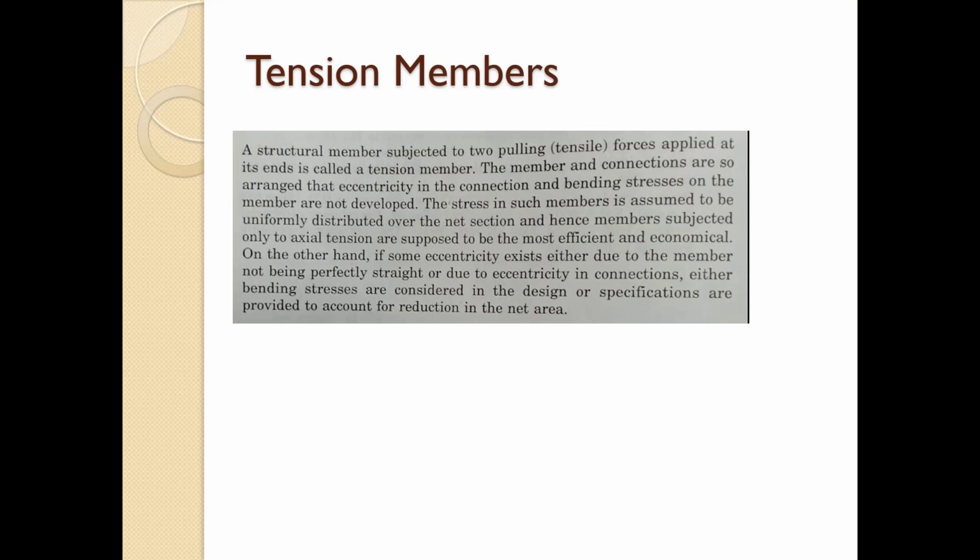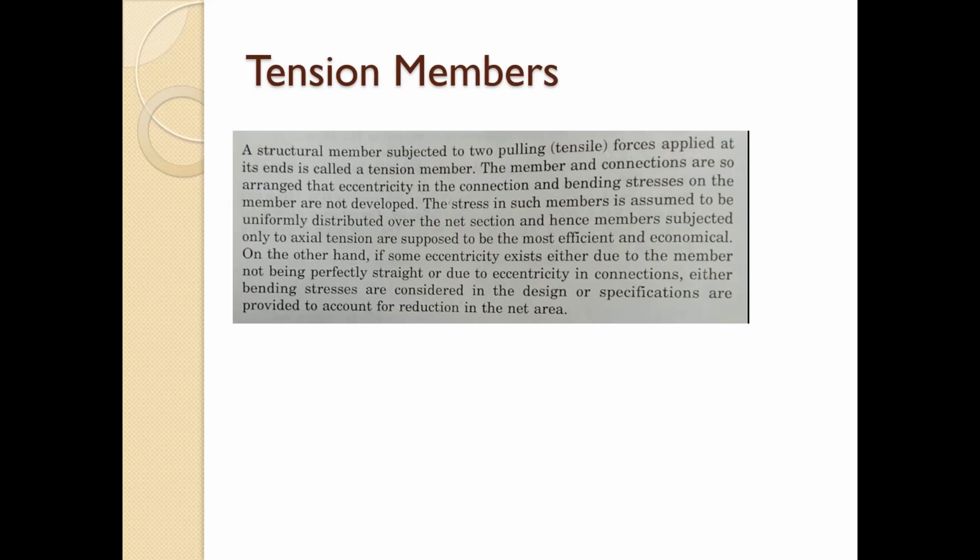The members and the connection are so arranged that the eccentricity in the connection and bending stresses on the member are not developed. The stress in such a member is assumed to be uniformly distributed over the net section, and hence members subjected to only axial tension are supposed to be the most efficient and economical.